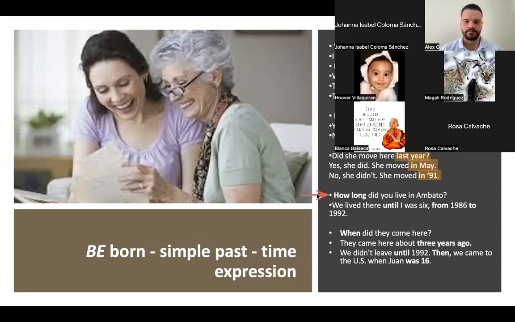We have another question. When we want to talk about the period of time, we can ask this one. David, can you please read this one? How long did you live in Ambato? We lived there until I was 6, from 1986 to 1992. Excellent. We always divide it, right?